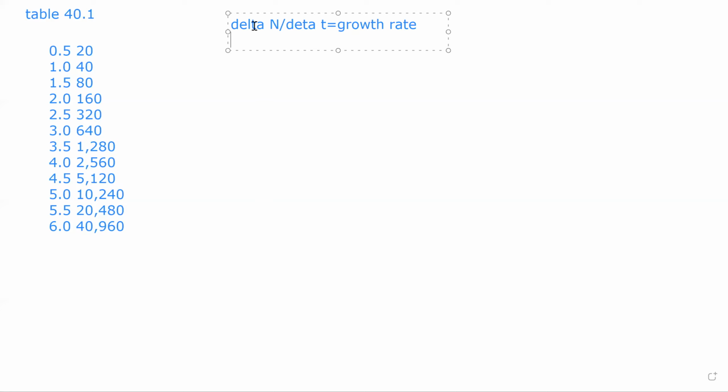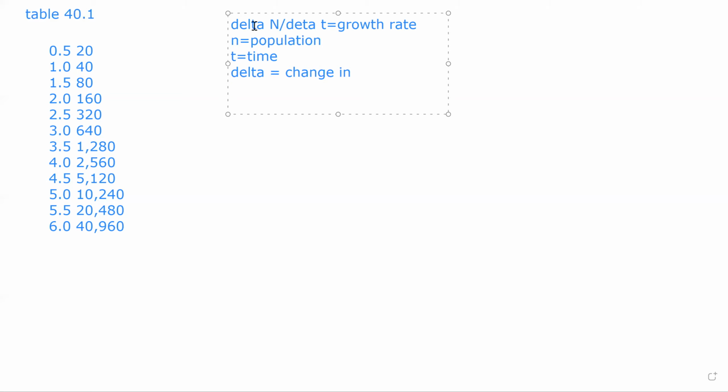So in this case, N is the population, N for number, usually number of individuals. Here we're going to say number of bacteria. T is time, that one makes sense, and delta just means change in.